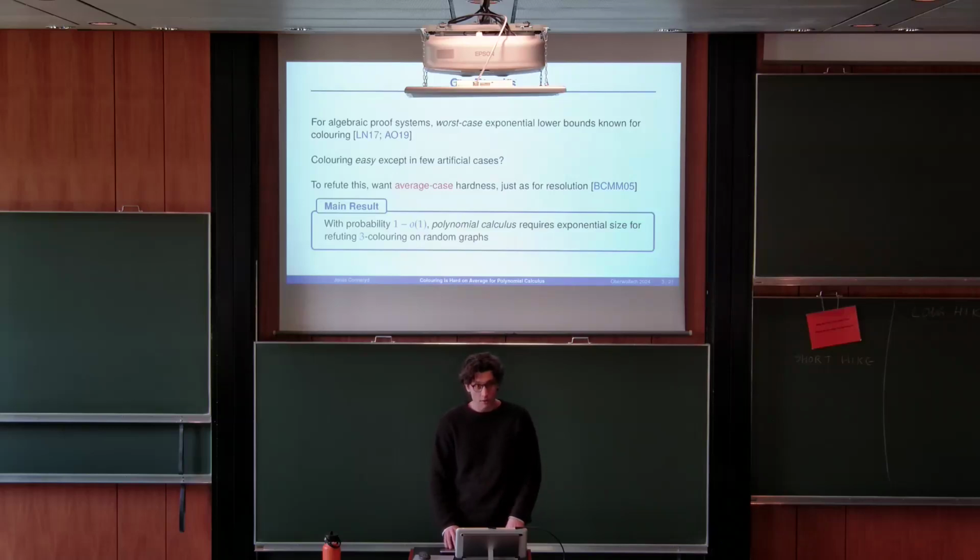So yes? Maybe you're going to get into this and then you can skip this. But sure. When you say random graphs, what is the average degree of the graph for which this result holds? So the chromatic number of a random graph with average degree something like d is like d over log d or something. So you have to pick d over log d so that it's larger than 3. Otherwise, the result is trivial because it's satisfiable. Yes, but something like that.